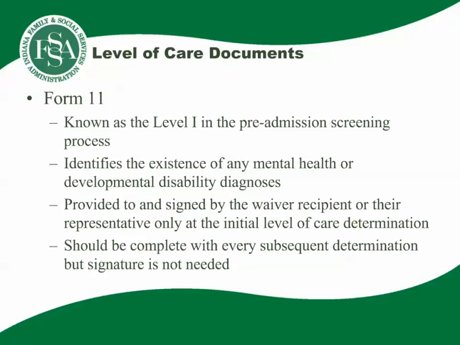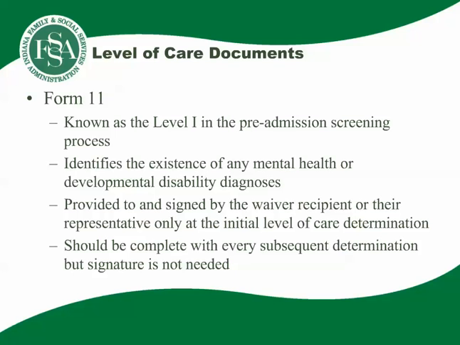Any future level of care determinations, you should fill out the Form 11 information in INsite as part of that new e-screen, but it's not necessary to print it and get the signature. That is only needed once. And again, these are to identify mental health and developmental disability diagnoses, so this is not information that's typically going to change from assessment to assessment. You're going to capture that information early on.